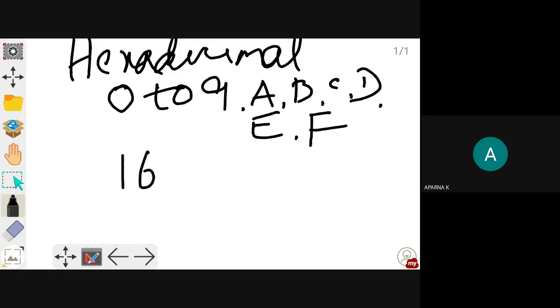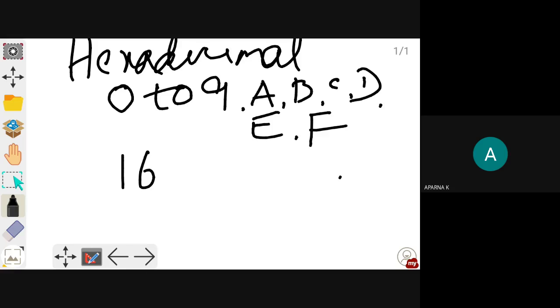So the decimal number system has base 10 and can have digits from 0 to 9. The binary number system has base 2 and can have only 0 and 1. The octal number system has base 8 and can have numbers from 0 to 7.